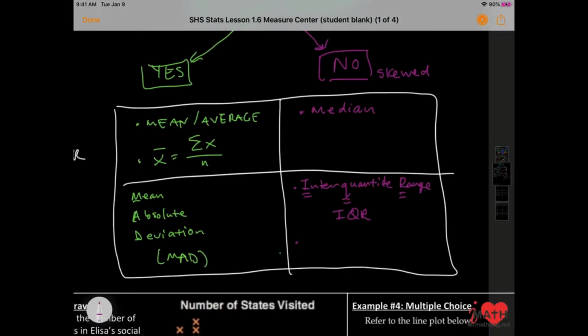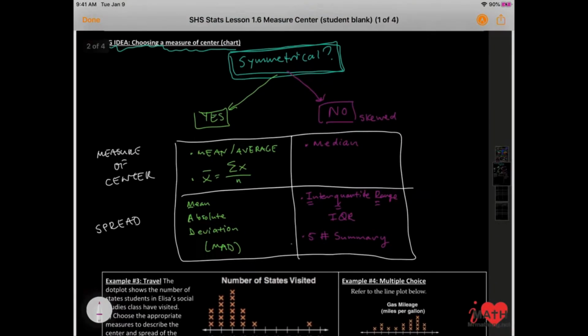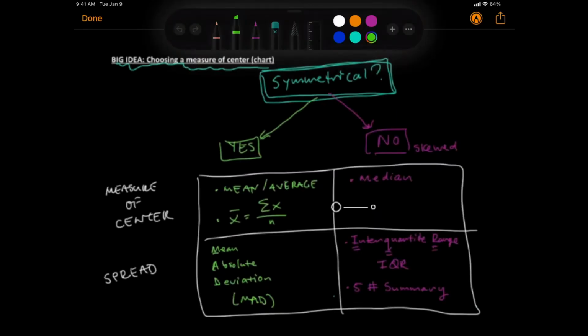This comes from a future lesson, but I just want to write it here, the 5 number summary. So just ask the question, is it symmetrical? If it is symmetrical, then you do the green light. If it's not, it's skewed, then you do what's in pink.